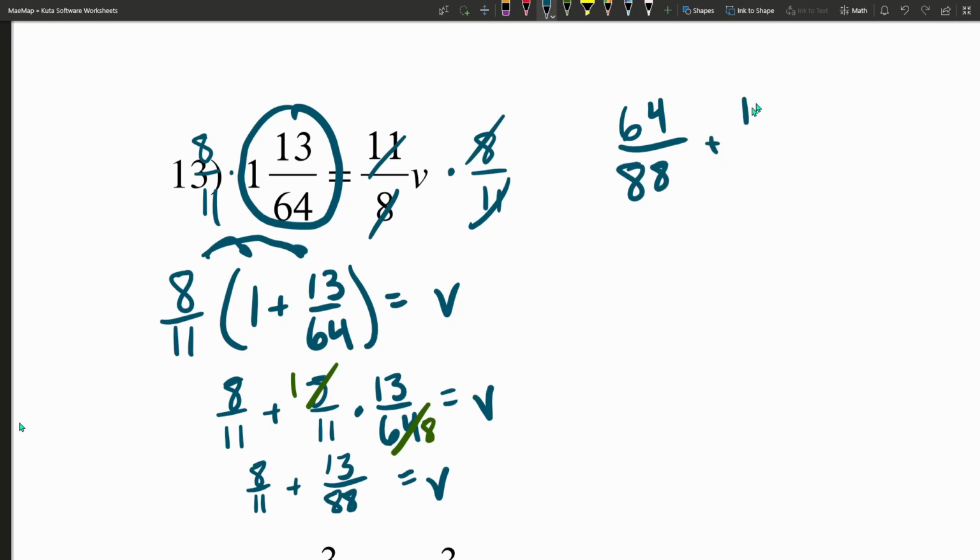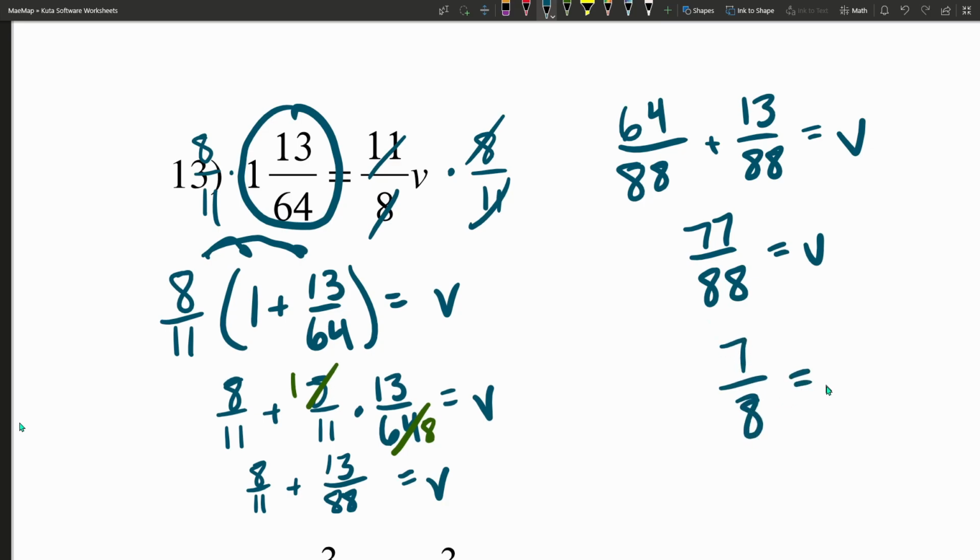And that gets added to 13 over 88, and that's equal to v. 13 plus 64, adding those two together, is 77. So we'll get 77 over 88 equal to v. Look at this, it simplifies down because both are divisible by 11. 7/8 is equal to v. There we have it. That's our answer, number 13.